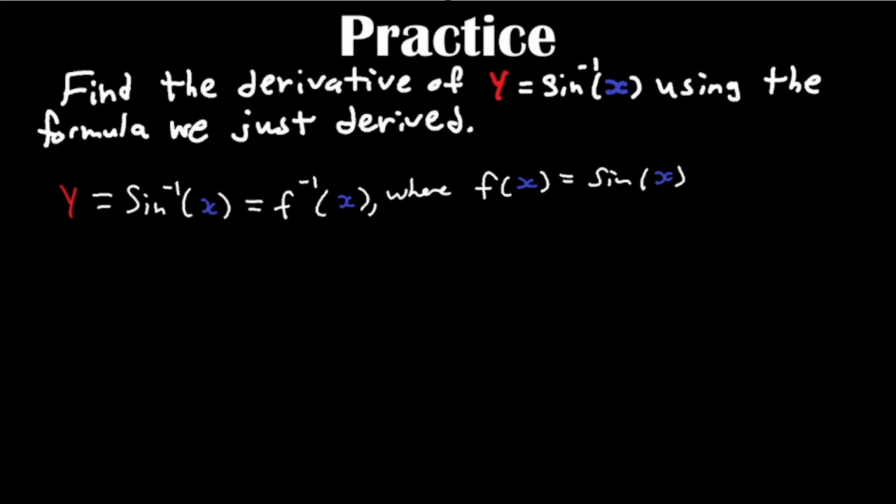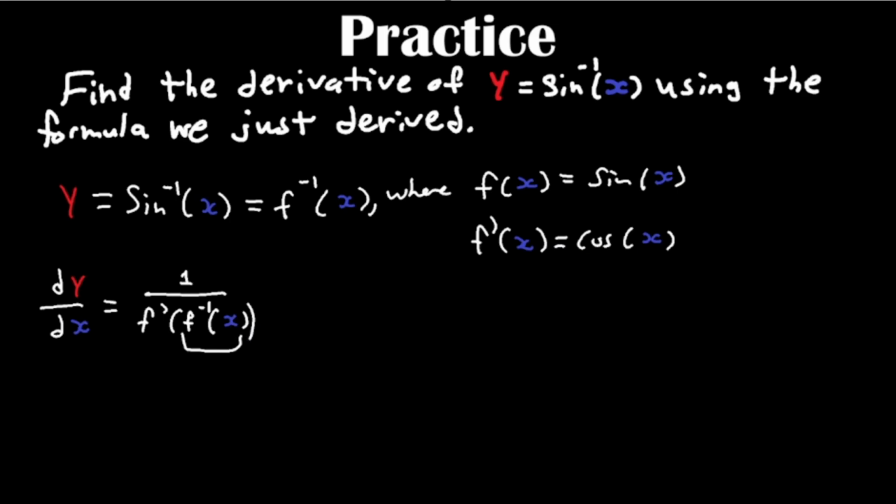To find dy dx, our formula tells us that's 1 over f prime of f inverse of x. The derivative of sine of x is cosine of x. What is this piece in the middle? We're already given that f inverse of x is sine inverse of x. So this becomes 1 over cosine of sine inverse of x.